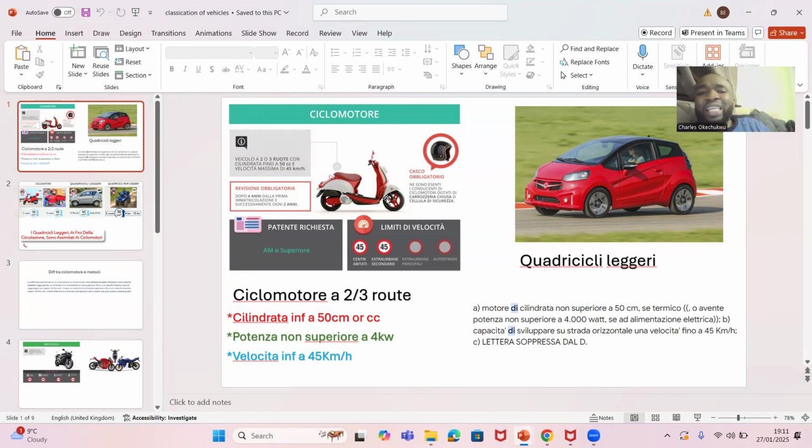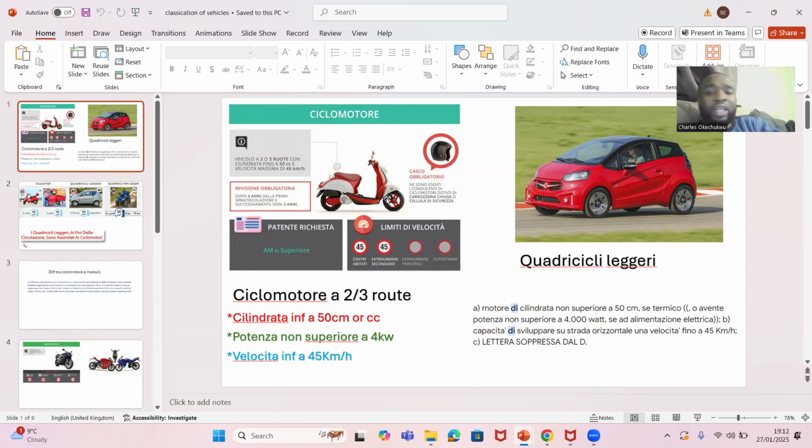They say their cylinder is inferior. Check your notebook and write down motore termico. What is motore termico? It is anything that goes with fuel or diesel. Now they say the cylinder is inferior to 50 cubic centimeters, which you will also see written as cc.